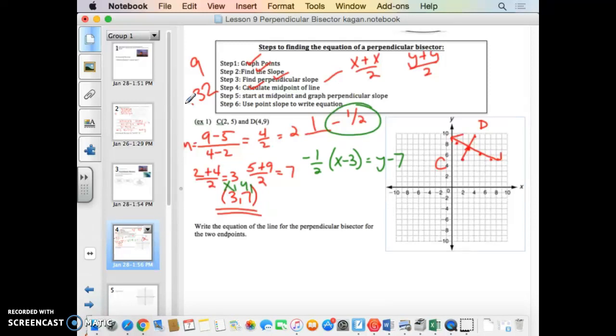Go ahead and distribute, and you get -1/2 x. Half of 3 is 1.5, which equals y minus 7. And you're going to add 7. So it'll be -1/2 x plus 8.5 equals y.